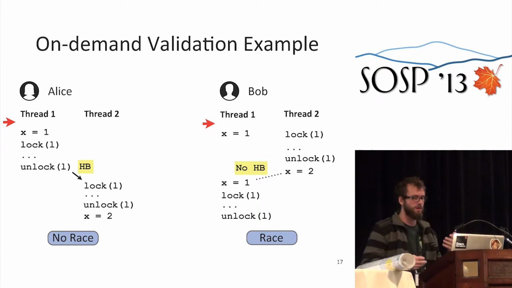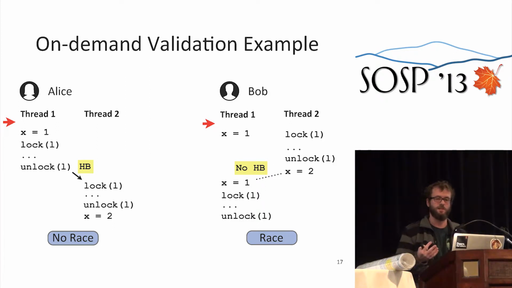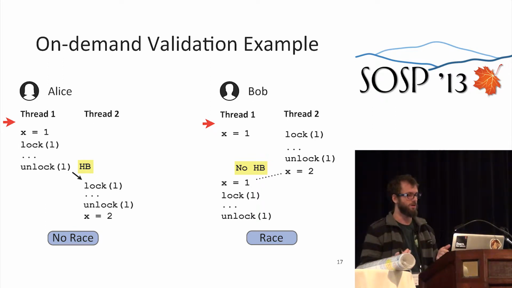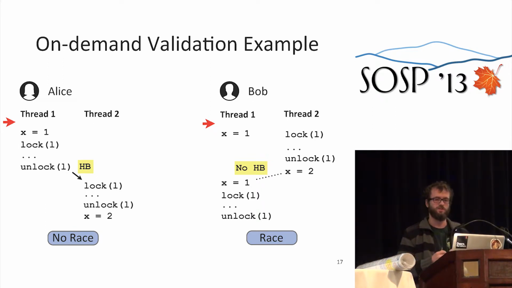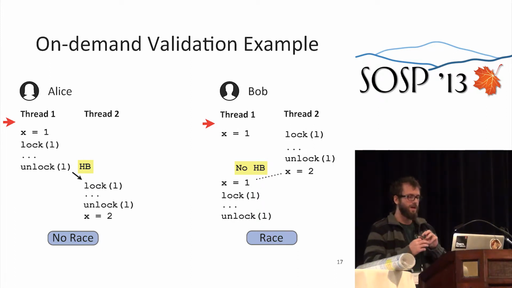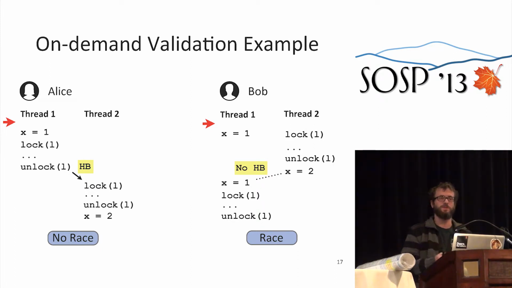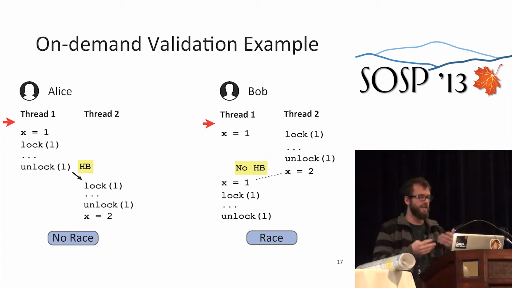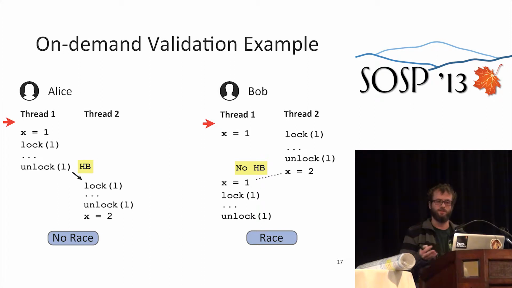Then it grabs the lock, continues executing, releases the lock, and at this point the execution switches to thread 2, which grabs the lock. Now, if these are the only two threads in the program, RaceMob stops tracking synchronization operations because the happens-before edge between thread 1 and thread 2 ensures that any following access to X in thread 2 won't be racing with the access to X in thread 1.